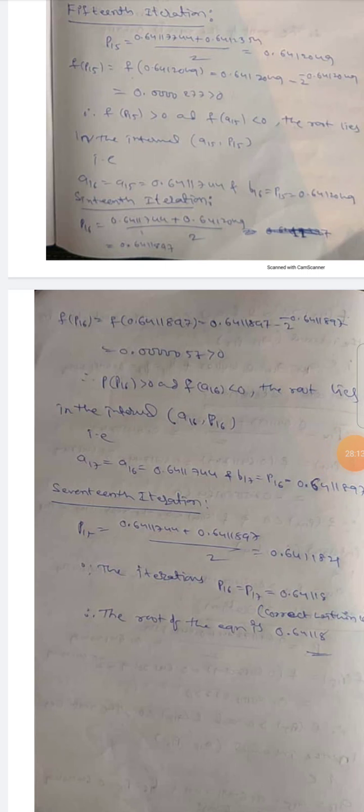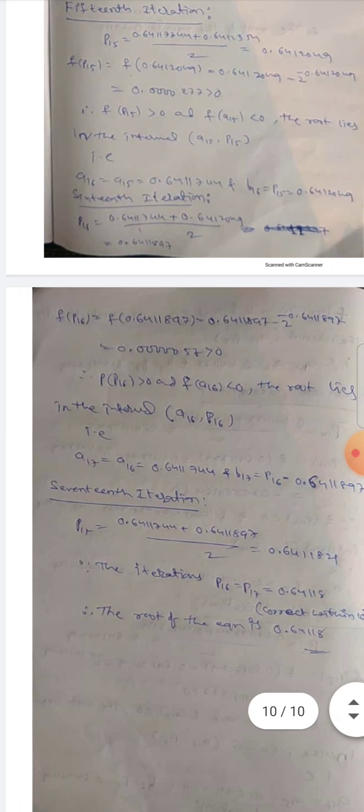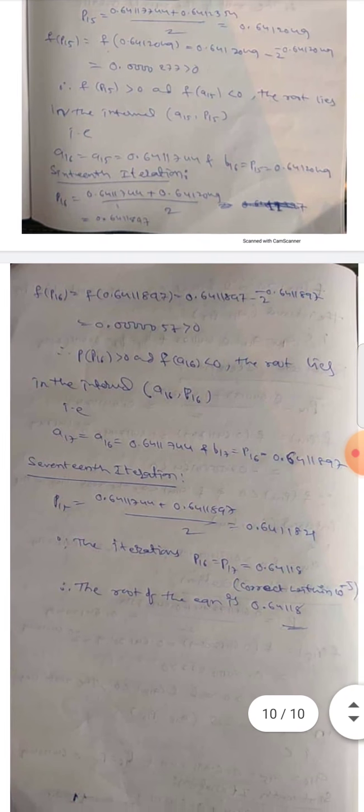Since f of P16 is greater than 0 and f of A16 is less than 0, the root lies in the interval A16 comma P16. That is A17 is equal to A16 is equal to 0.6411744 and B17 is equal to P16 is equal to 0.6411897. Last iteration.